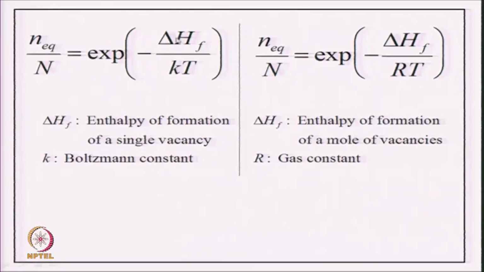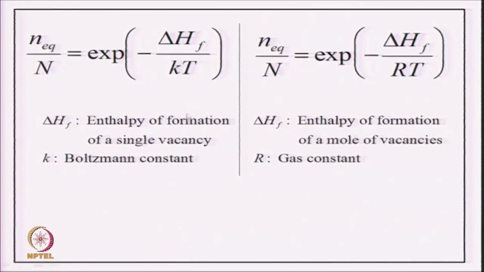But of course, if you multiply both numerator and denominator here by Avogadro number, then delta HF will change to enthalpy of formation of a mole of vacancy, whereas Avogadro number times Boltzmann constant will become gas constant R. So both are really the same expression given differently, one with delta HF by KT, another with delta HF by RT, but we have to be careful about the unit or the interpretation of delta HF.